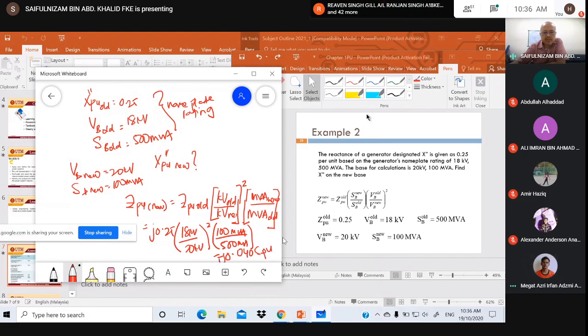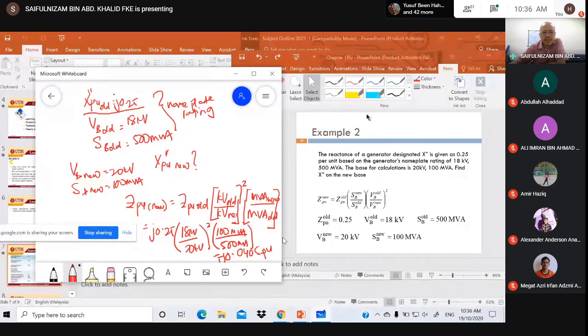And don't forget j, since this is the reactance, right? This is the reactance, the X, and you put j here, because it will affect your calculation later on. When you want to find the current, you have to consider the complex form.